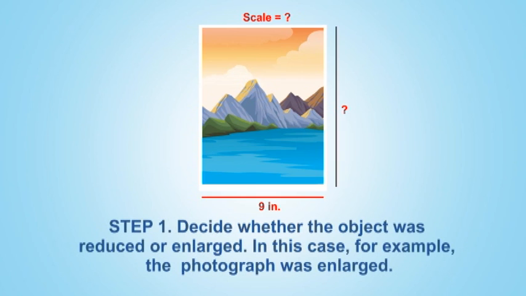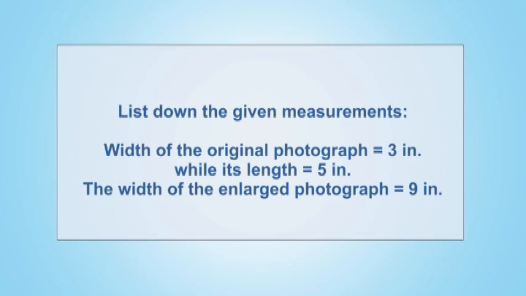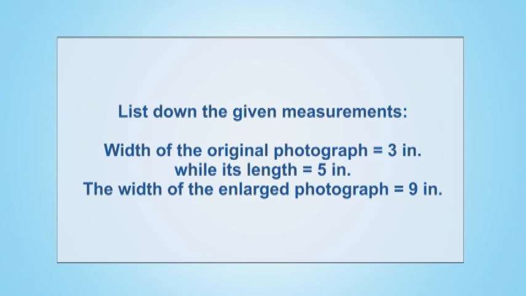Solution. Step 1. Decide whether the object was reduced or enlarged. In this case, the photograph was enlarged. Step 2. Imagine seeing the object from the top and know the exact measurement of its parts. List down the given measurements. Width of the original photograph equals 3 inches while its length is 5 inches.